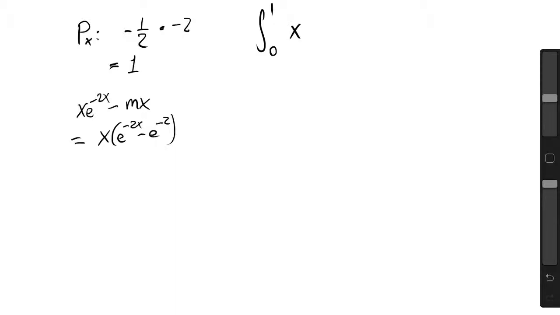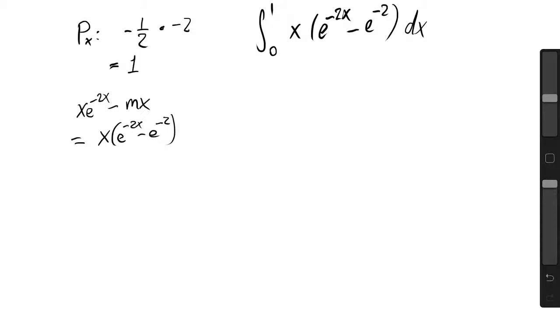So we have the integral of x e to the minus 2x take e to the minus 2 dx, and I think it is smooth sailing from here.